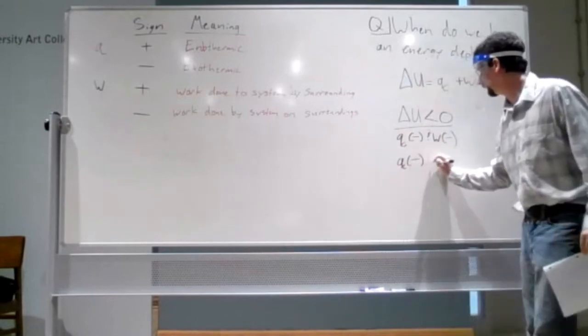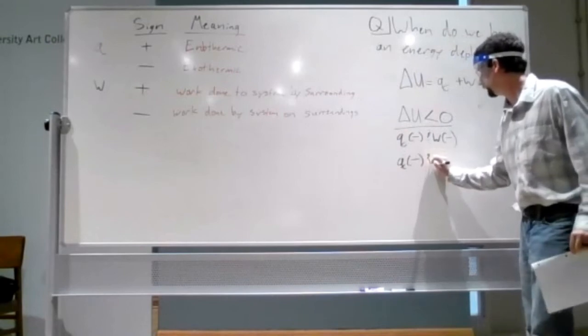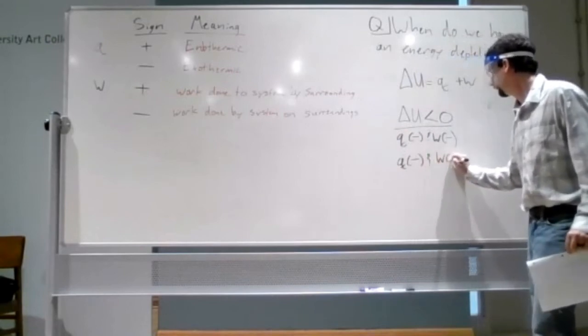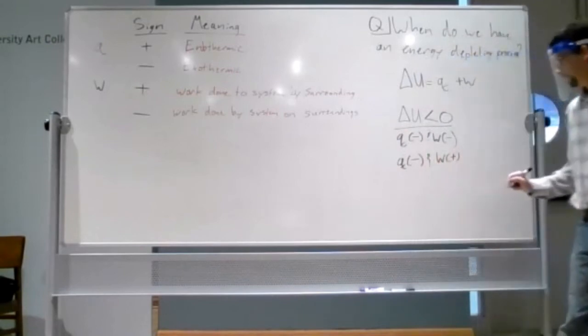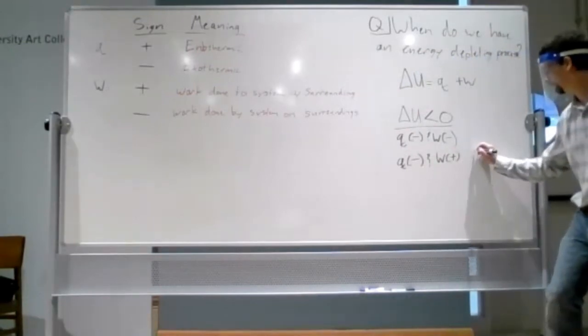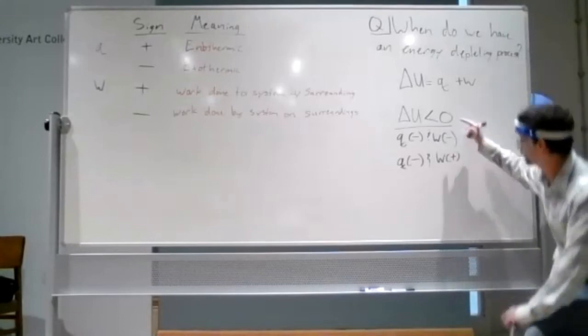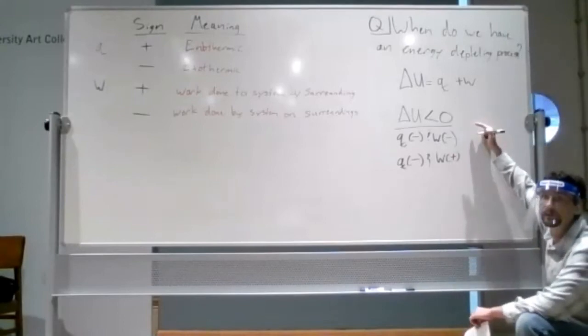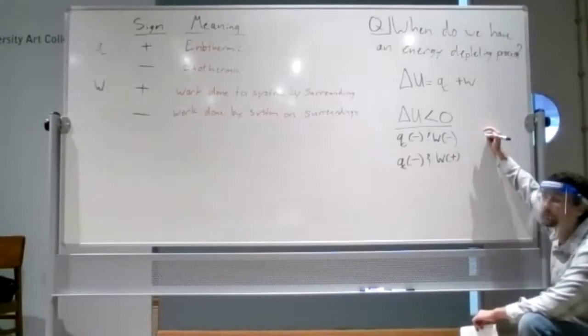Let's say Q is negative, what about the sign of W? So what conditions does this have to be true for delta U to be less than 0?